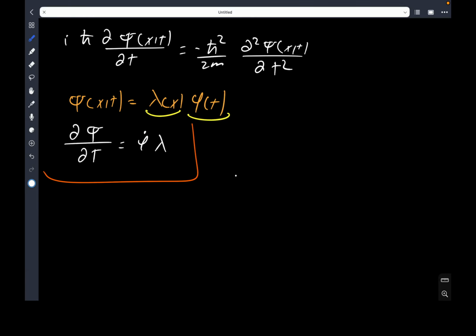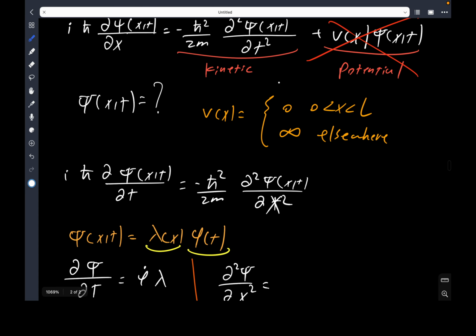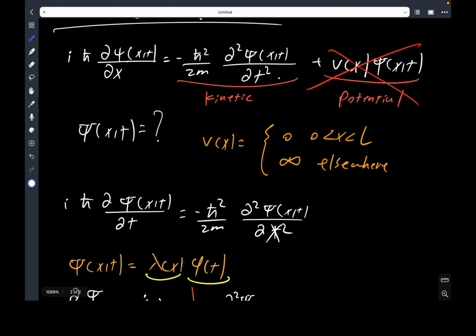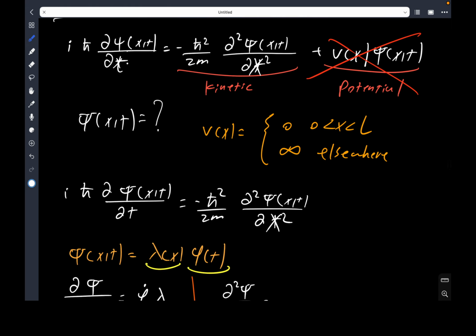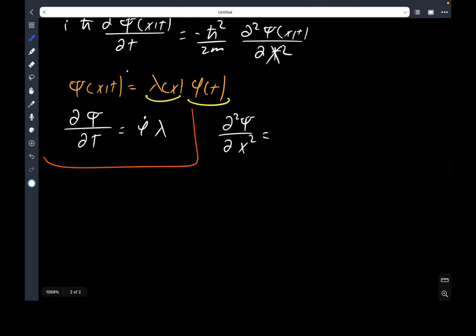Let's take the second partial derivative of this with respect to x, sorry, I should have written t earlier.